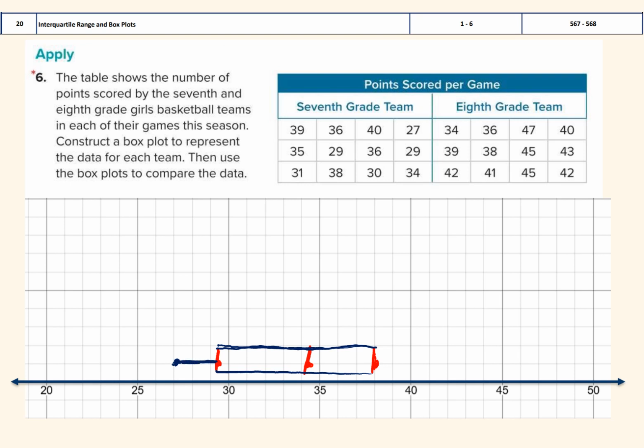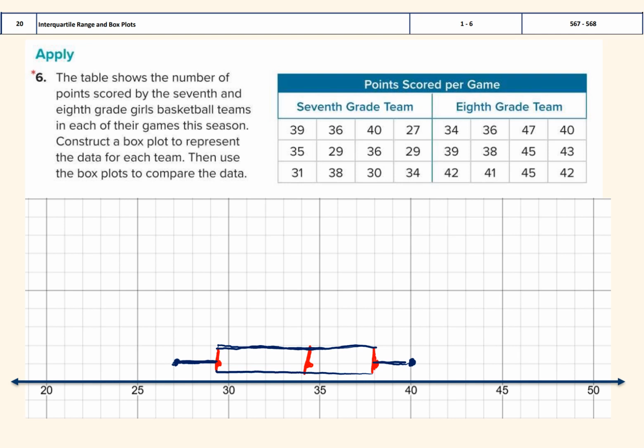And for the other value, we need to plot the maximum. The maximum is 40. Here it is. And then connect the maximum with a line segment this way. So that is the first box plot.